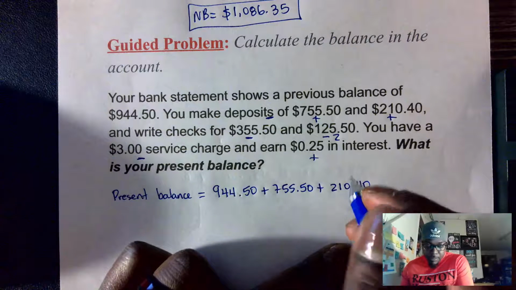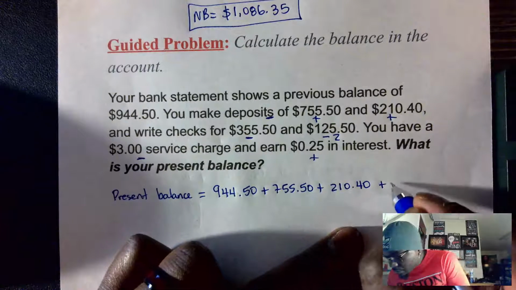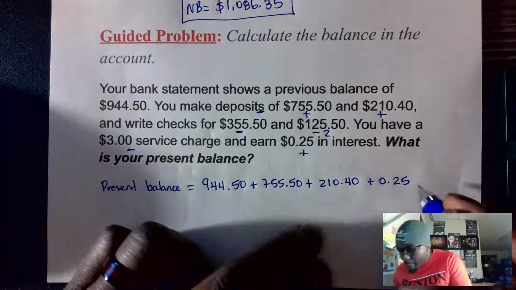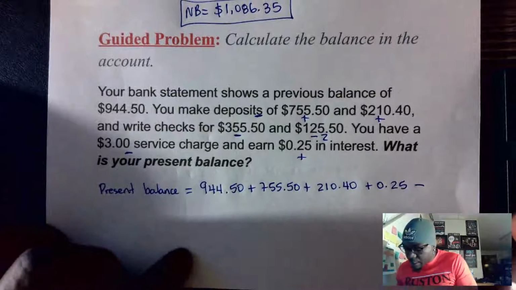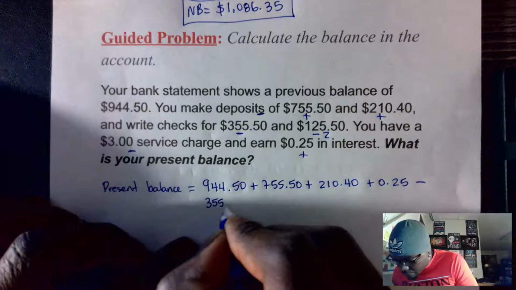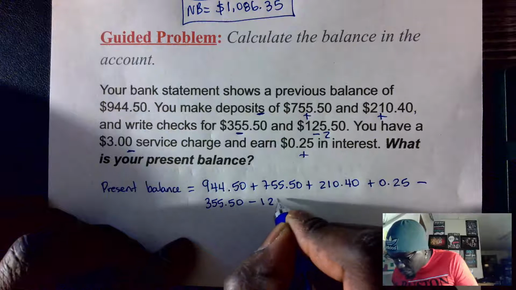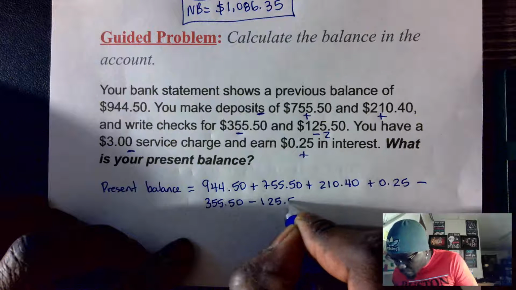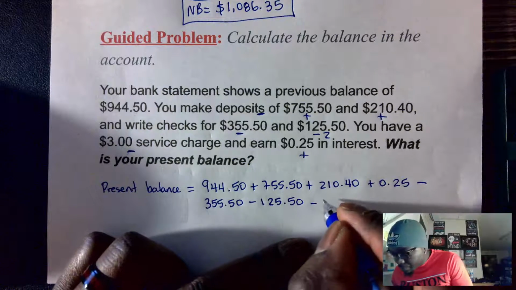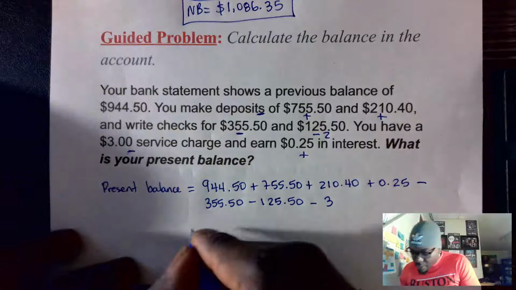All right, I'm also going to add my interest here. So my interest here is plus 0.25. Now I'm going to subtract. So I'm going to subtract the amount that I did for checks, which is minus 355.50 minus 125.50. And I'm also going to minus my service charge. So it's minus $3.